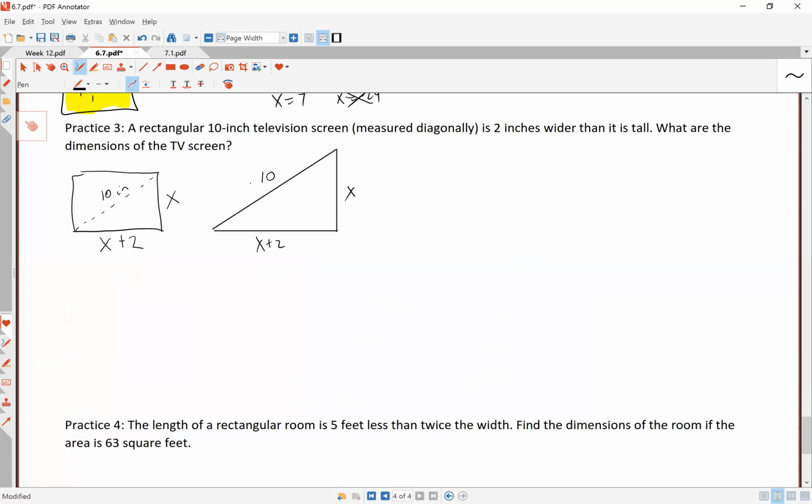This would be something you would do to make sure it fits in a corner where you want to wall mount your TV. So I will give you a little bit of time to try to figure that out.